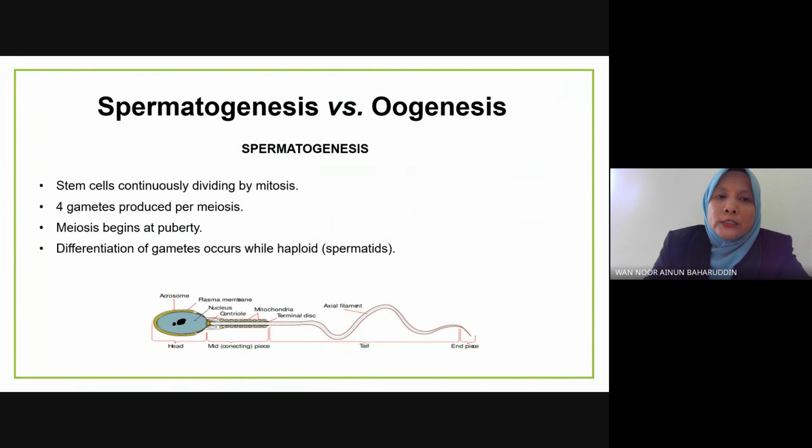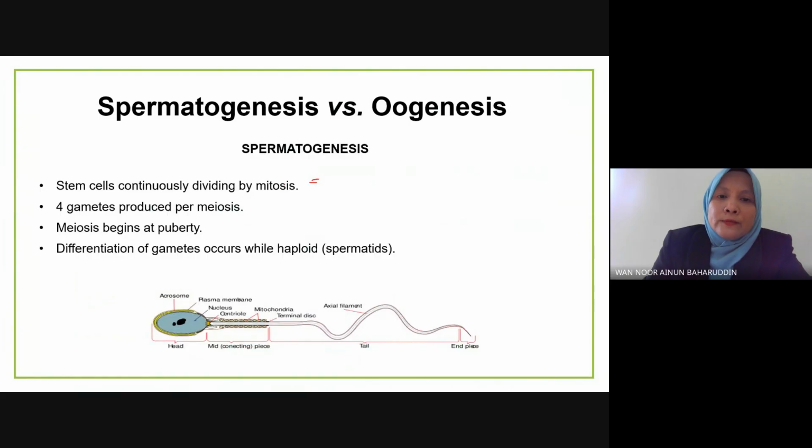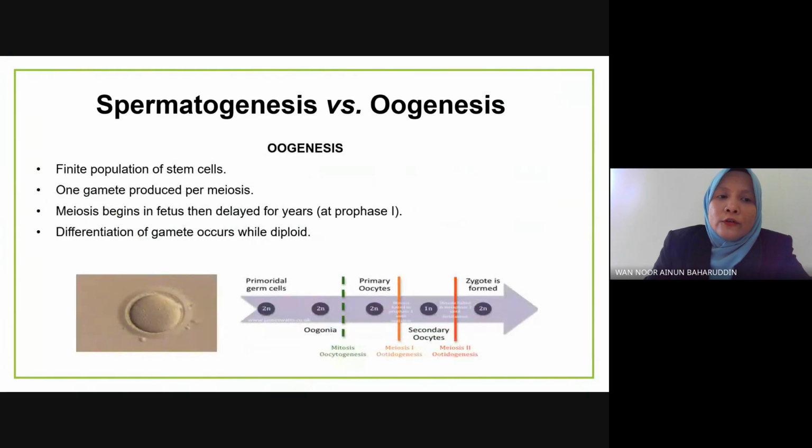So these are the differences between spermatogenesis and oogenesis. Both have stem cells that continue. This is the same for spermatogenesis and oogenesis. Spermatogenesis produces 4 gametes, but oogenesis produces only 1 gamete.